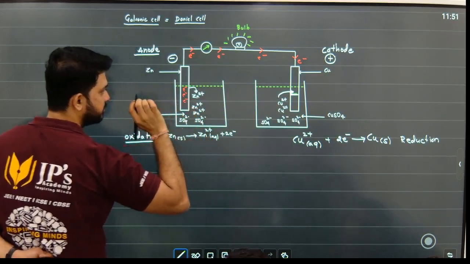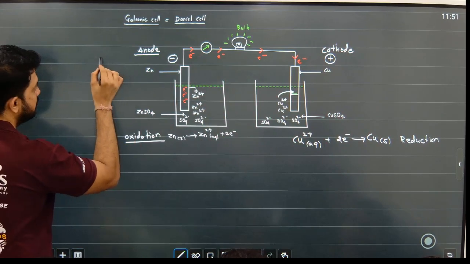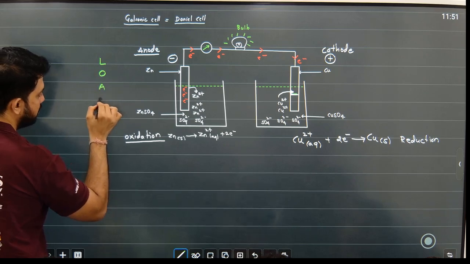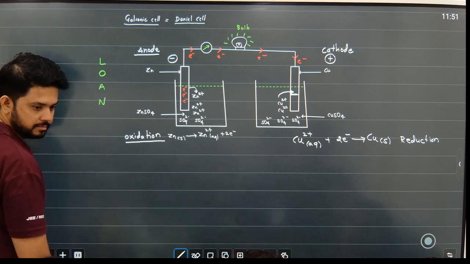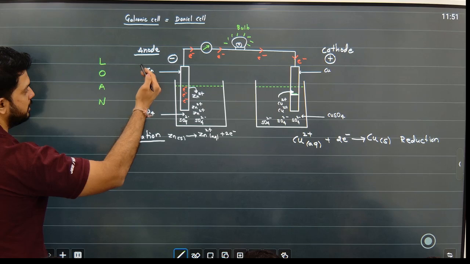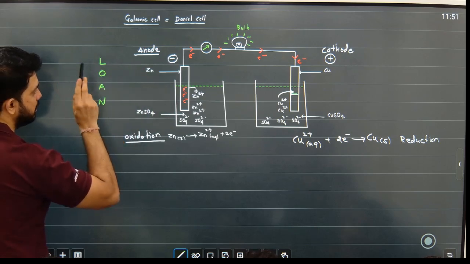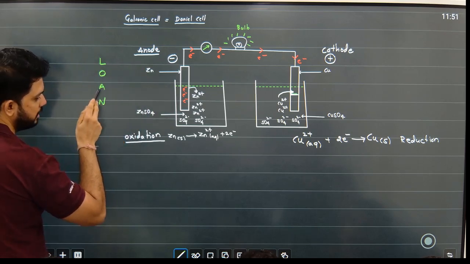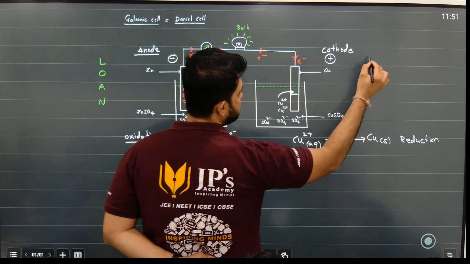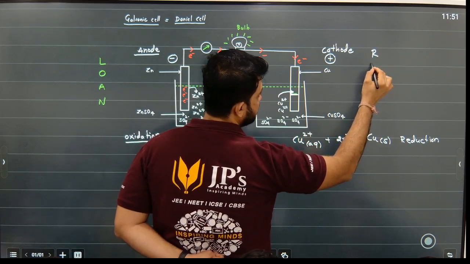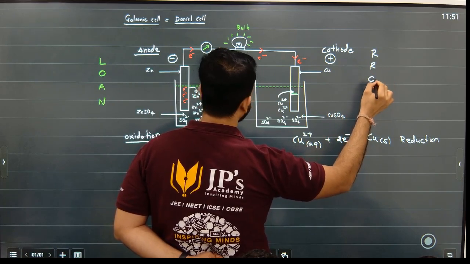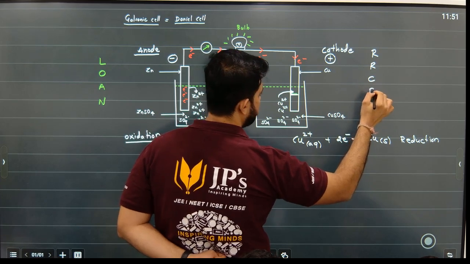With me? Yes or no? Left, oxidation, anode, negative. I repeat, left side of the setup, oxidation is taking place, and the charge on the anode is negative. Right, reduction, cathode, positive.